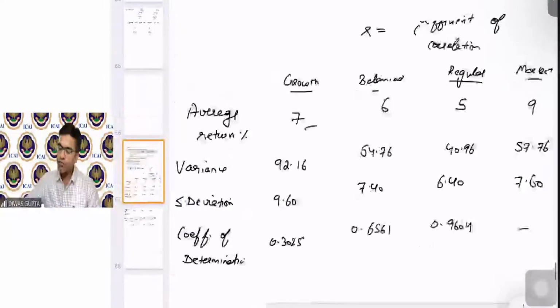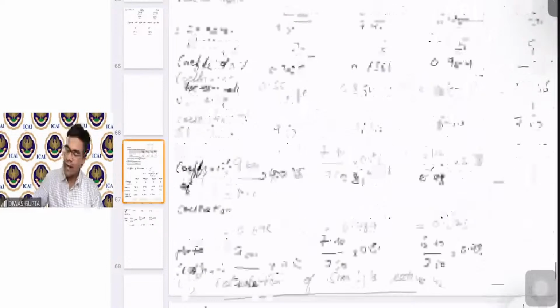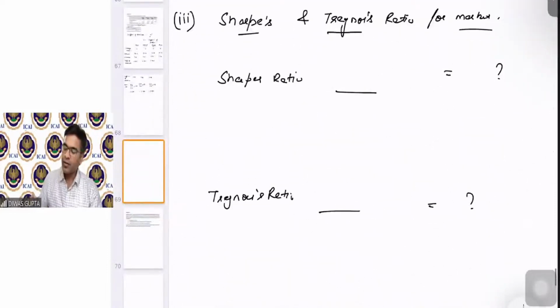Students, please note the facts that are given to you in the question. They have given you market return. They have given you risk-free rate of return. Please tell me what is the Sharpe and Treynor ratio for the market.